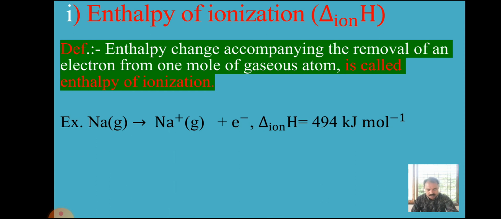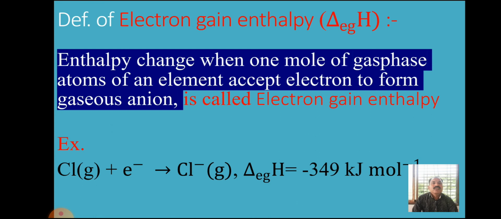Now we can see the definition of electron gain enthalpy. In this case, an anion is produced. The enthalpy change when 1 mole of gas phase atoms of an element accept electrons to form gaseous anions is called electron gain enthalpy.